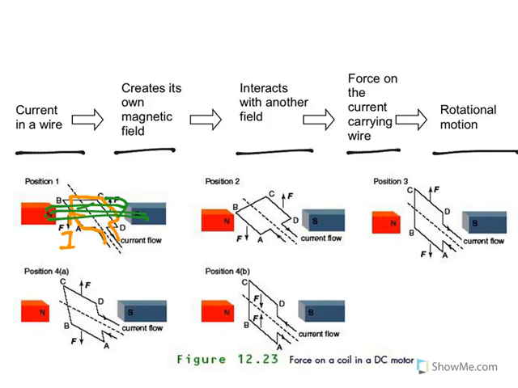Curl your fingers in the direction of the field, current into the page, and so your hand pushes down. So on this side you've got a force acting down. So therefore you get rotation.